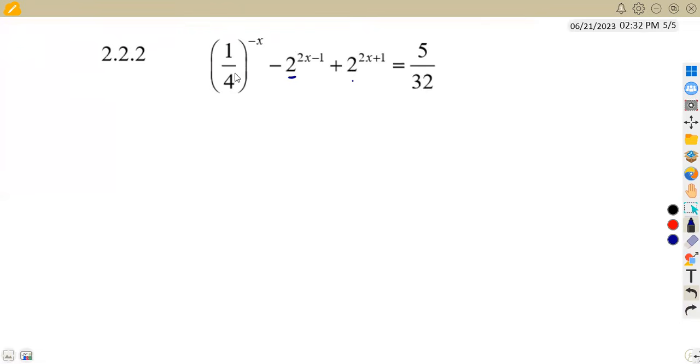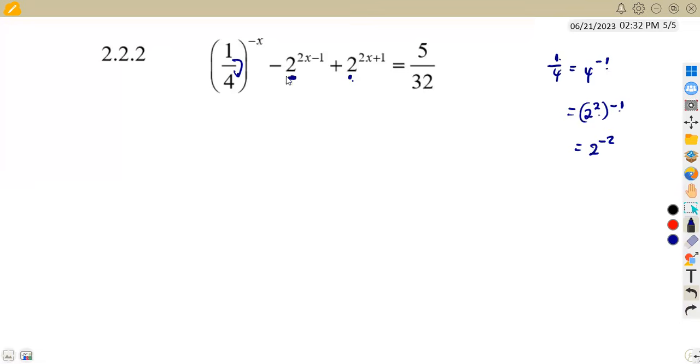Let us start with 1 over 4. We know that 1 over 4 can be written as 4 to the exponent of negative 1. But in the base of 2, because there's something that has to do with 2, let us simplify this back to 2. So 4 in the base of 2 is the same as 2 to the exponent of 2, but there is a negative 1 that we already have from 1 over 4. So that will be 2 times negative 1, which is negative 2.